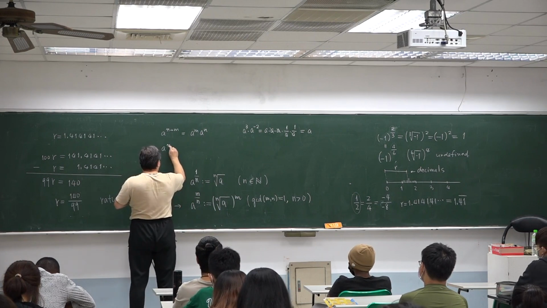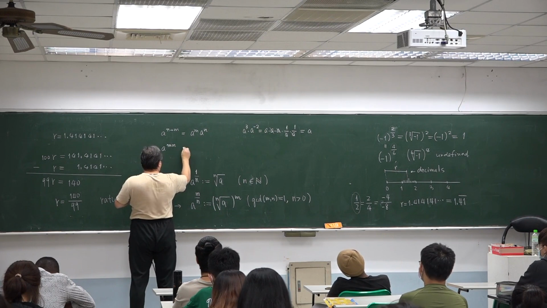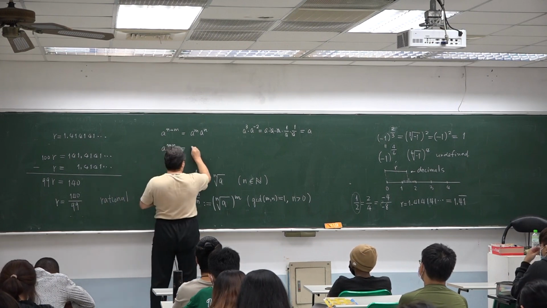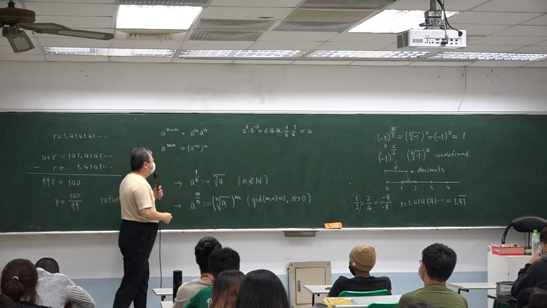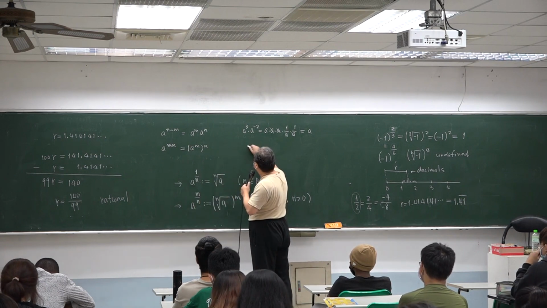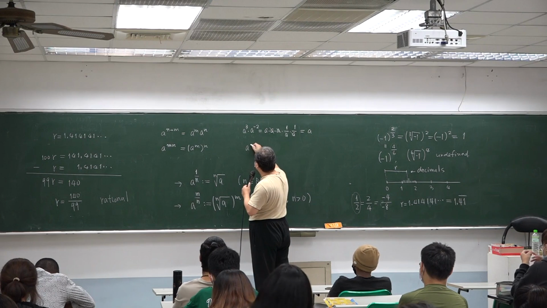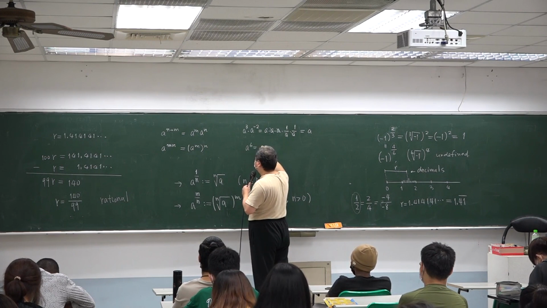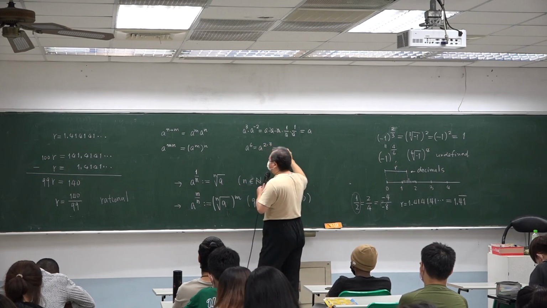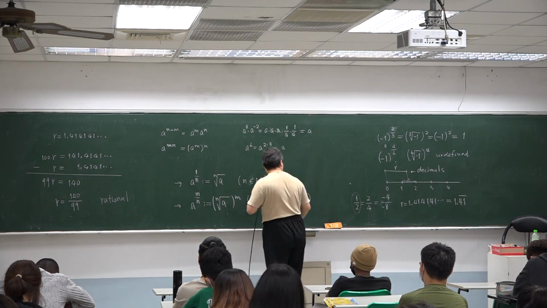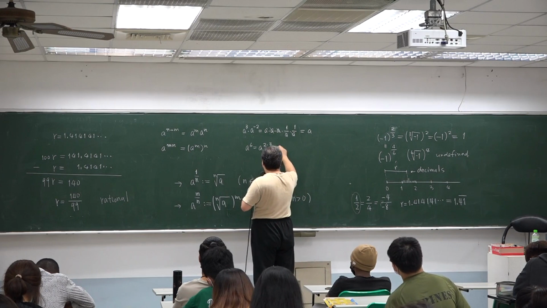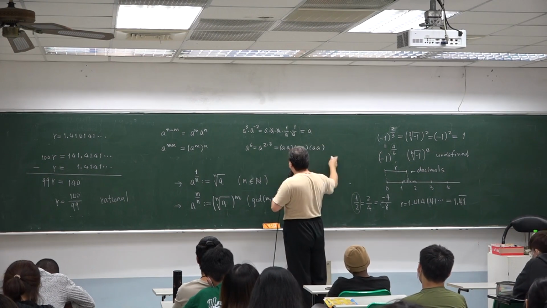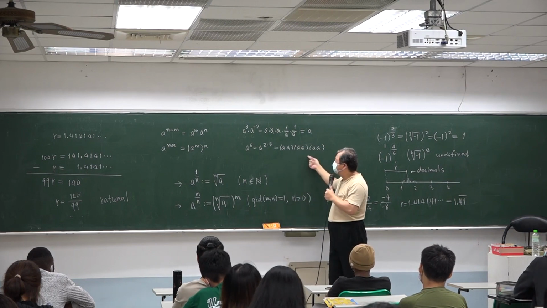Secondly, if this one is the product of two numbers, for example, yes, 6 A's, and grouping, the first group, second group, third group, 3 groups.